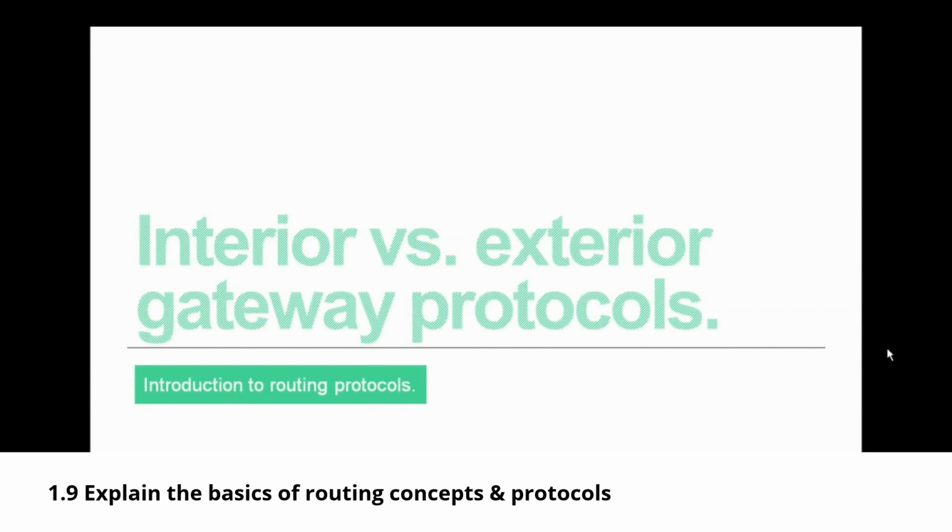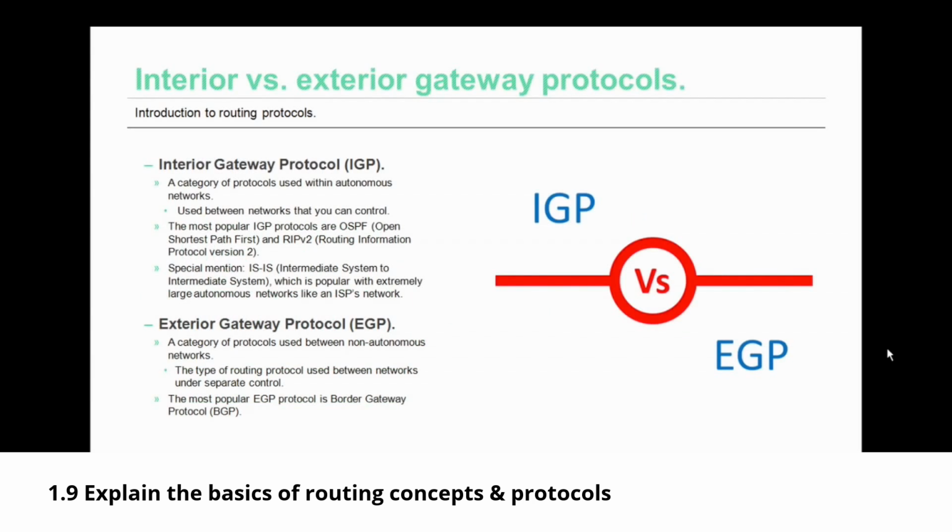Let's begin with a comparison between interior and exterior gateway protocols. Interior gateway protocols, or IGPs, are a category of protocols used within autonomous networks. Autonomous networks are networks that you control or that are under the control of a single organization. The most popular IGP protocols are OSPF, Open Shortest Path First, and RIP version 2.